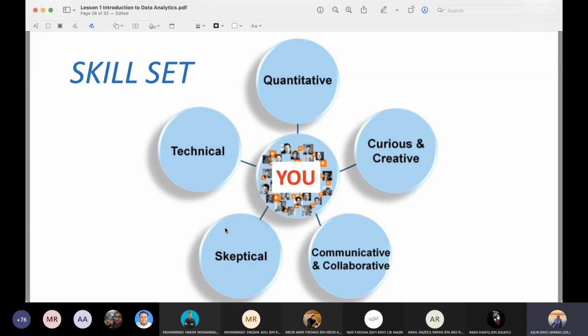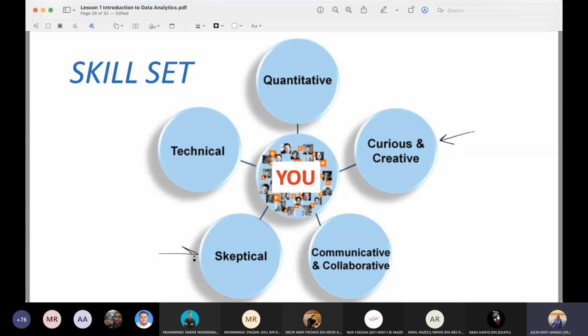Okay, you need to have the technical, quantitative, curious and creative, communicative and collaborative, and also skeptical. Kena ada benda tu. So you boleh buat checklist dah sekarang ni. Tengok, check ada tak semua-semua ni. Yang ni is very important. Kena kreatif. Sebab certain problems we can adopt other solution untuk problems tu, tapi kena pandai suai padan lah.